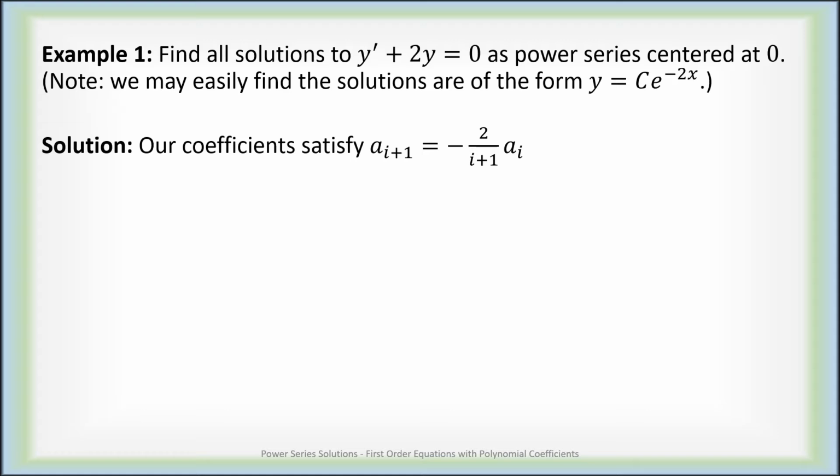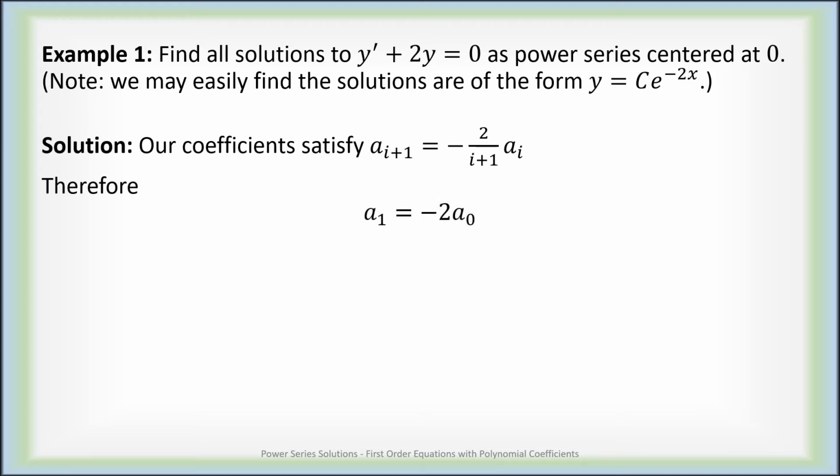And all of this was beginning with the assumption that y itself, the solution we're looking for, is a power series a_i times x to the i. Those coefficients now must satisfy this recursive relationship.